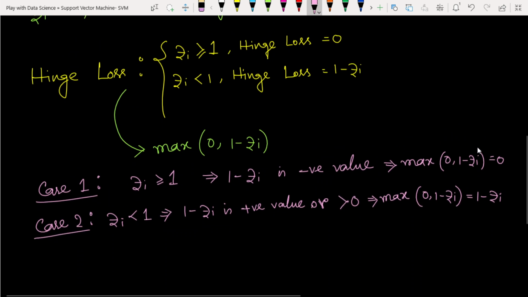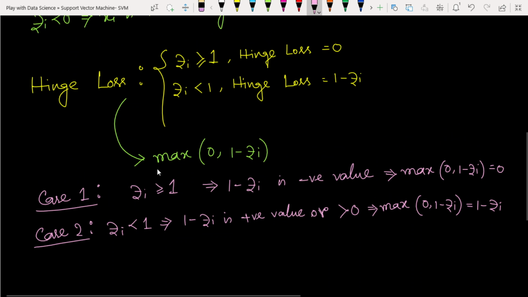Just see this formula. If Zi is greater than or equal to 1, then the Hinge loss is equal to 0, and if it is less than 1, then the Hinge loss is equal to 1 minus Zi. Both these equations are the same. Here we write it in two lines; here I am using the simple max function to represent it.